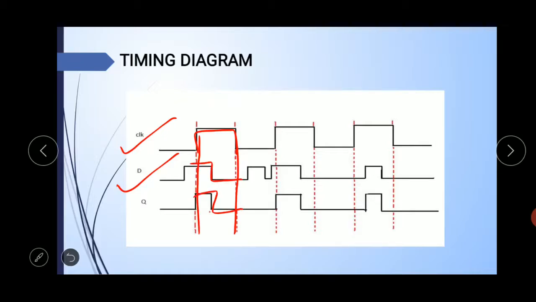But after this dotted line, see here, there is no change in output. It holds the last state, means here the state is 0, so the state continues to be 0.